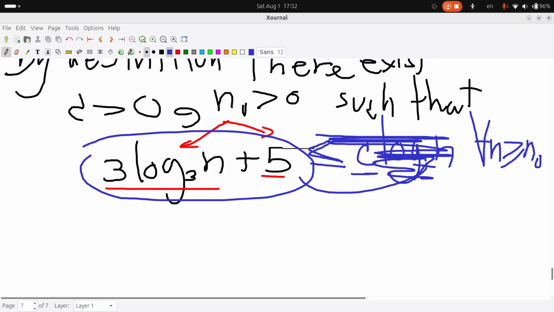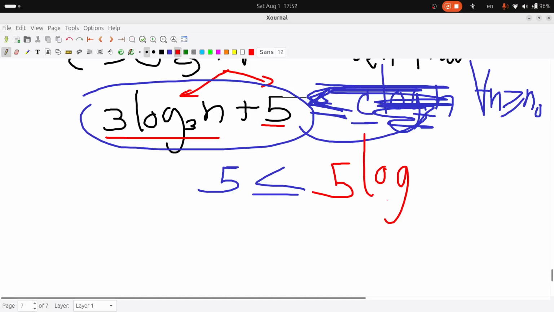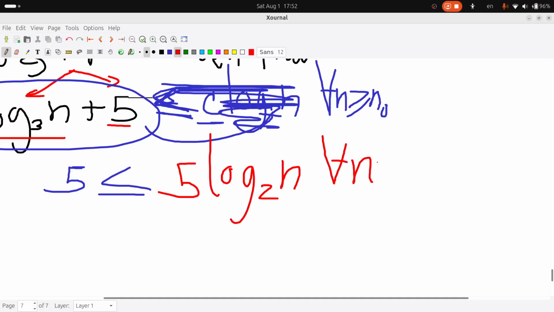The easiest one: because the sign is less than or equal to, how can I transform 5 to log n? What about we write 5 ≤ 5 log n base 2 for all n greater than or equal to 2?